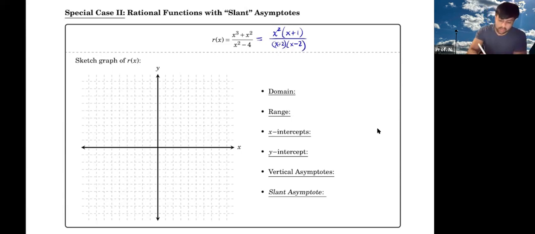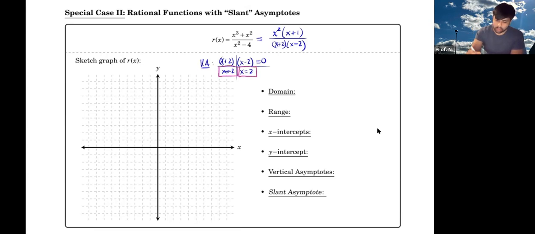And then we can immediately find the vertical asymptotes. The vertical asymptotes occur when my denominator is 0: x plus 2 times x minus 2 equals 0. So we know that x equals 2 and x equals -2 are vertical asymptotes. So we have two of them.